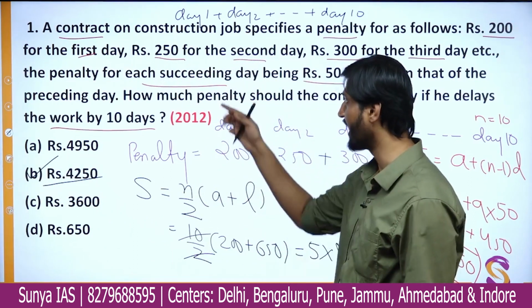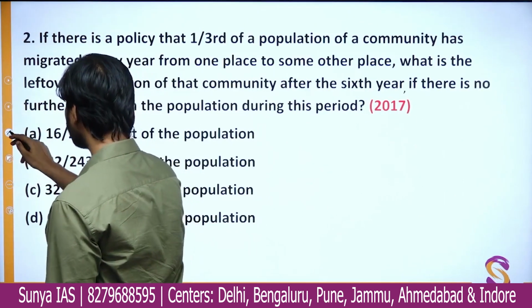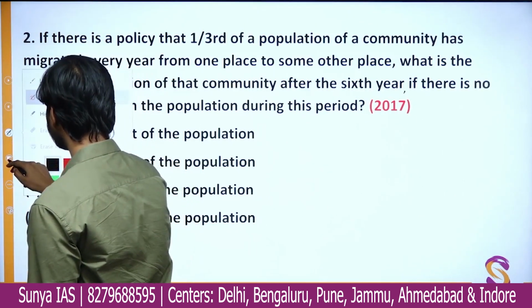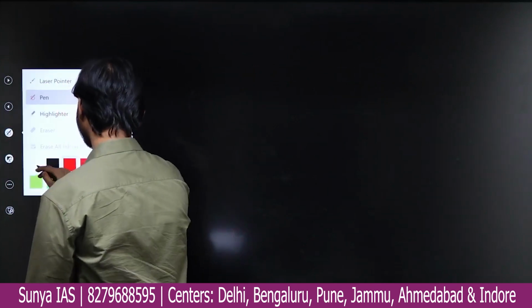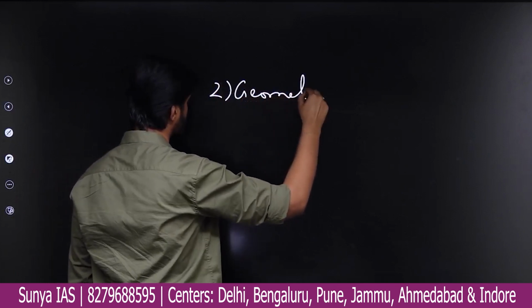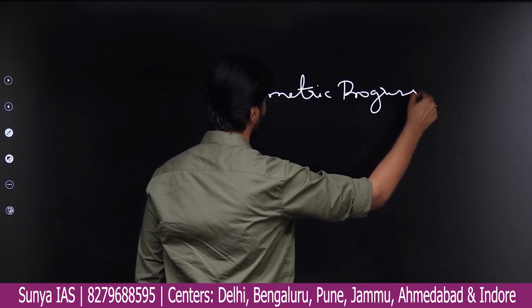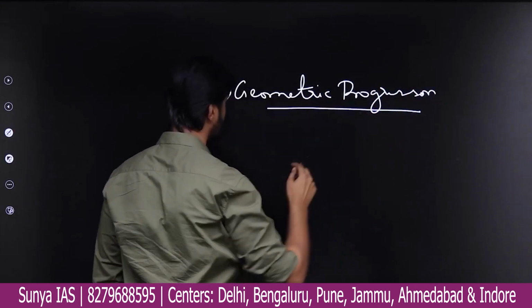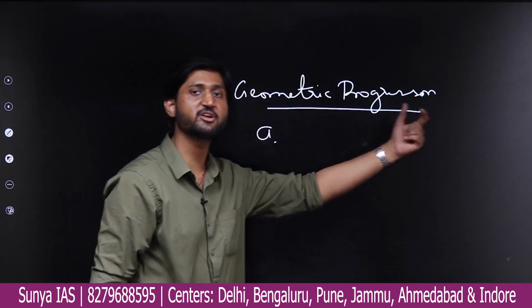So here we have the idea of arithmetic progression. Now in the second question and the third question, we will talk about the second kind of series, which is geometric progression. In a geometric progression, the basic idea is that there is a first term and then the terms get multiplied by a constant number each time.